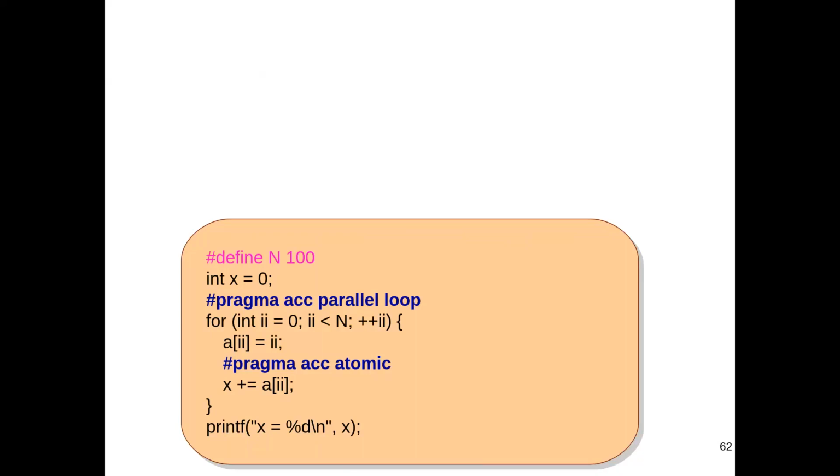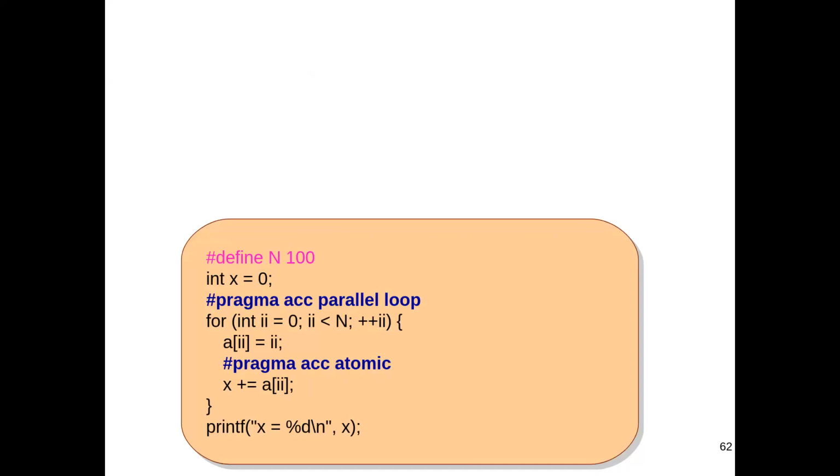As far as a of I equal to I is concerned, that is nicely independent computation across different iterations, but x plus equal to a of I, which we have seen earlier as sum plus equal to a of I, for example, has a loop carried dependence, right? Where does it come from? Well, I am writing in the ith iteration, but I am also reading the value of x, which is coming from the previous iteration.